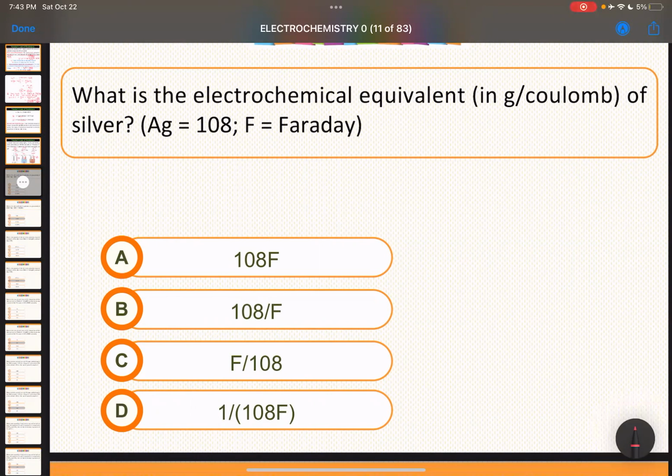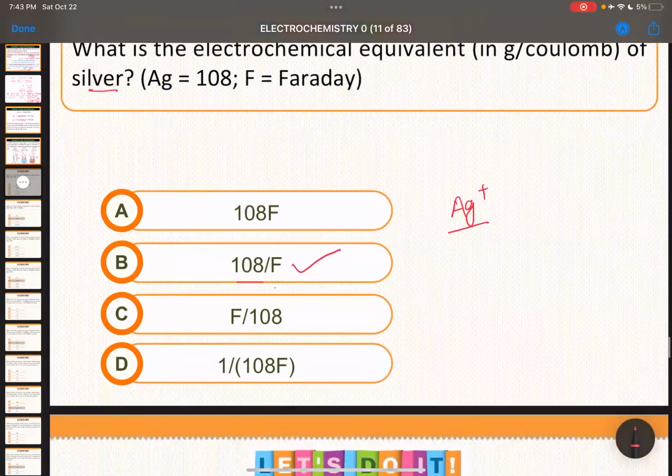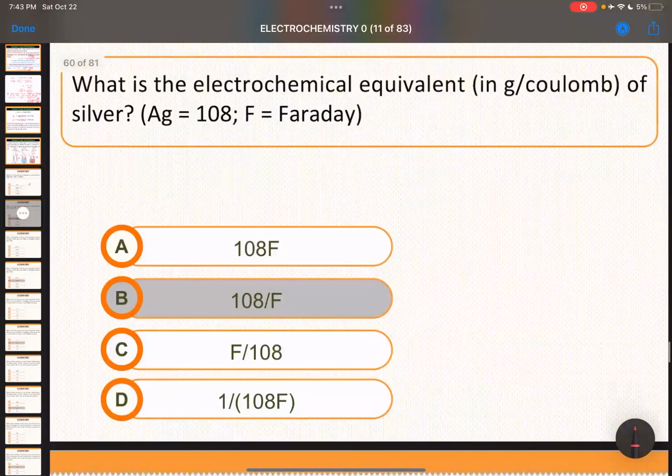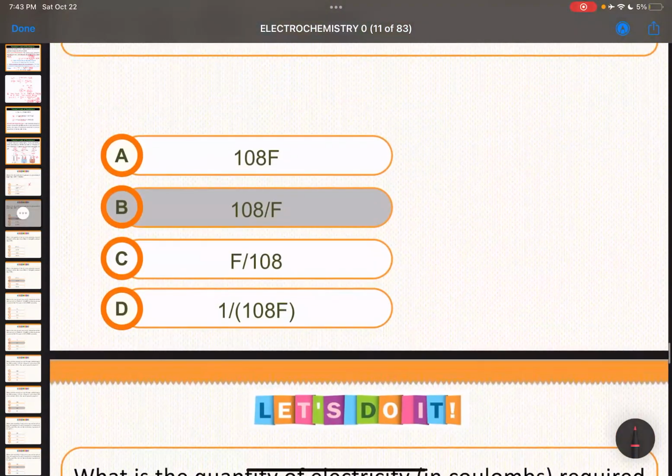Yeah, 108 by NF. N is 1 for silver because the most common oxidation state of silver is +1. So 108 by 1F. Very good. So B is the right answer.